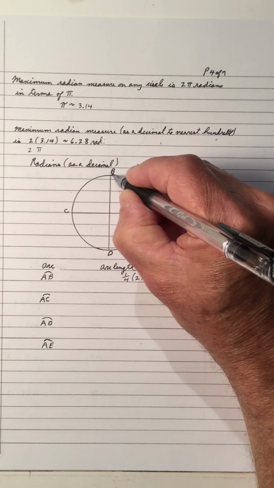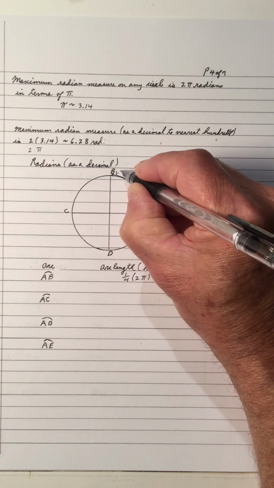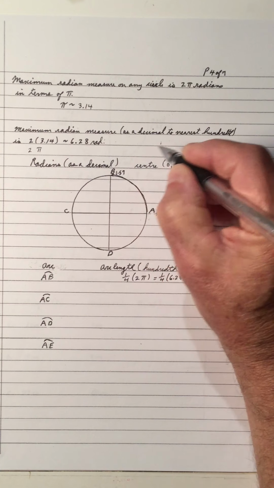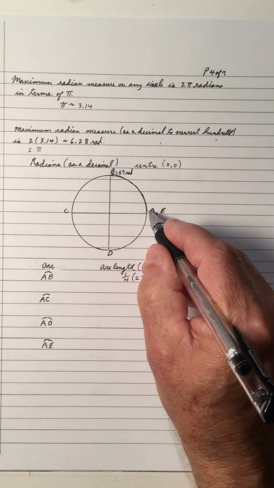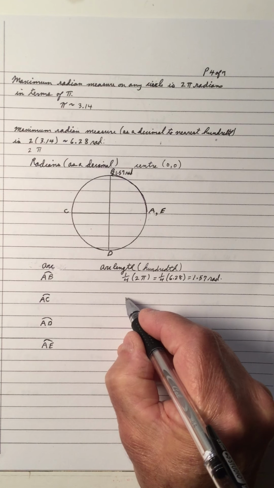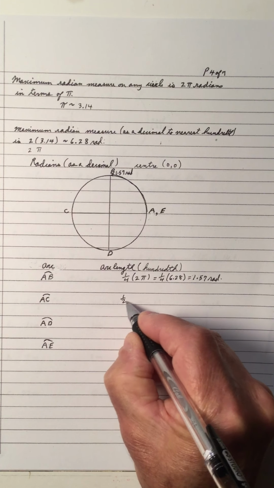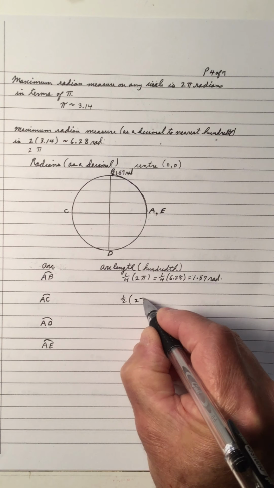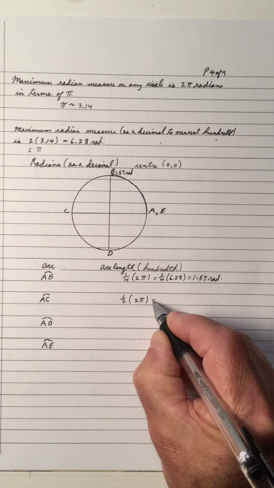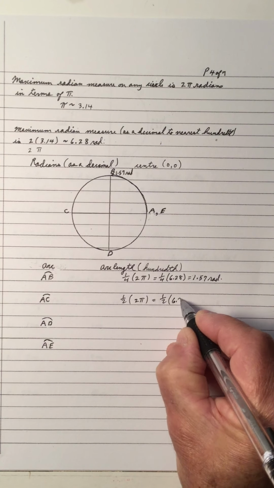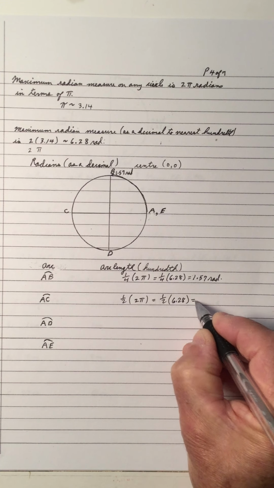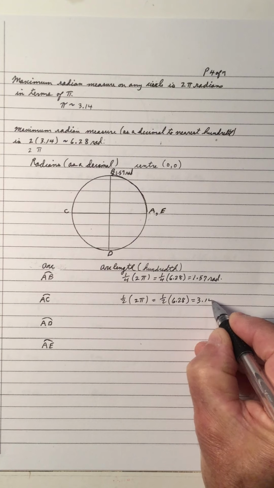So this radian measure as far as here is 1.57 radians. And the arc AC is a half of the arc length, which is 2 pi. That makes it a half of 6.28, which is 3.14.